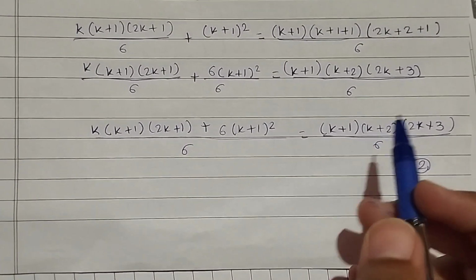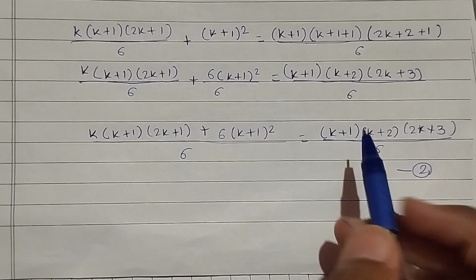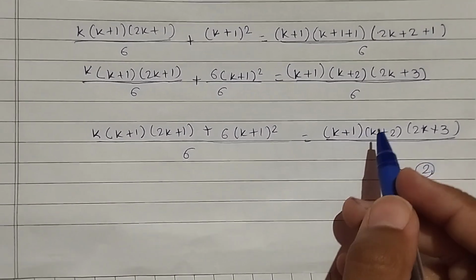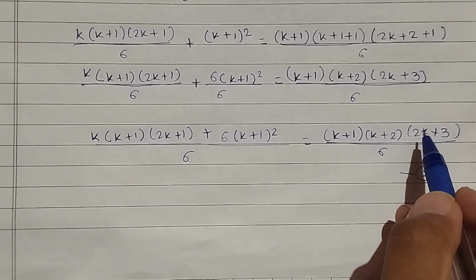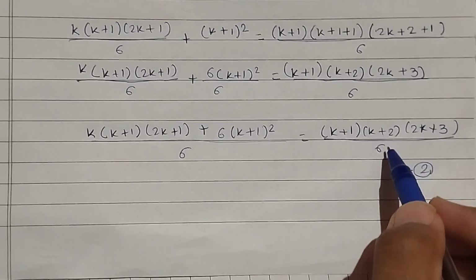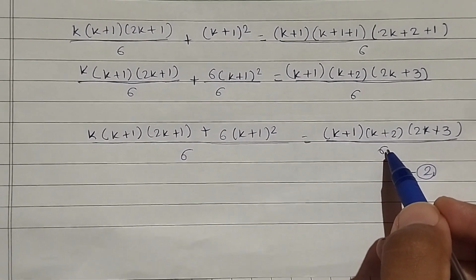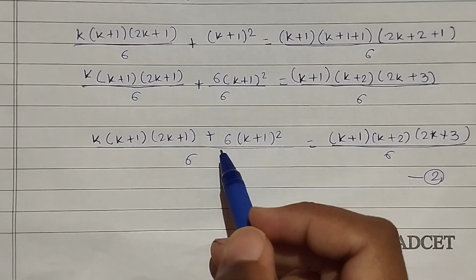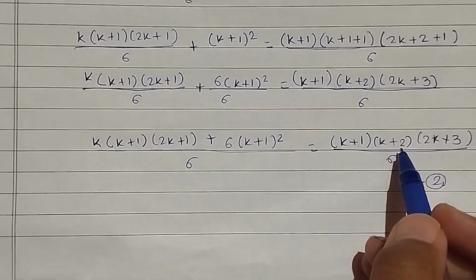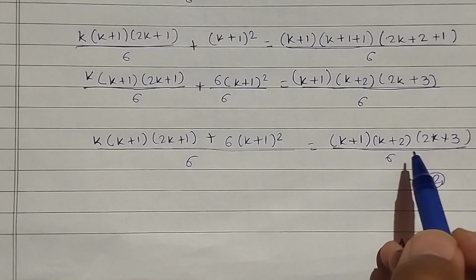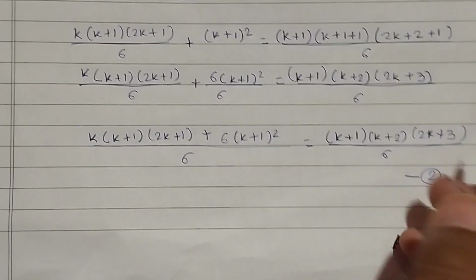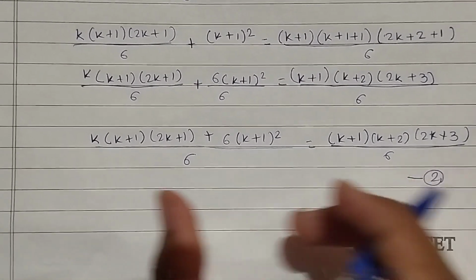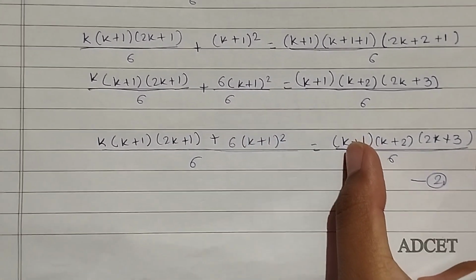For example, in the RHS we want k plus 1, k plus 2 and 2k plus 3 divided by 6. Now this 6 is already in our LHS, so we don't need to worry about the denominator. We only want to change this numerator into this form.